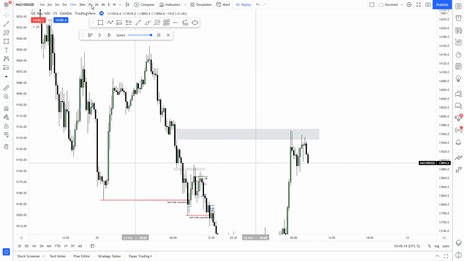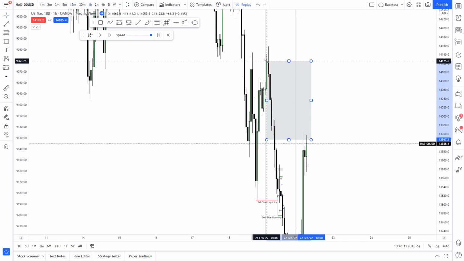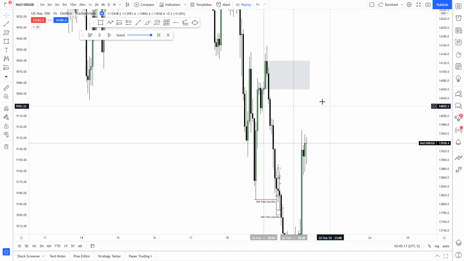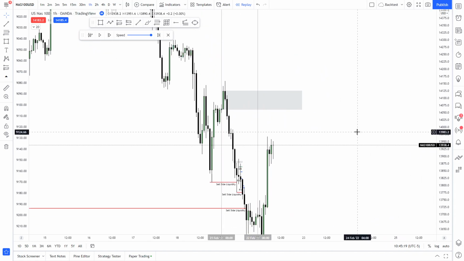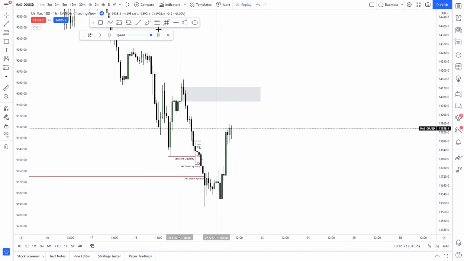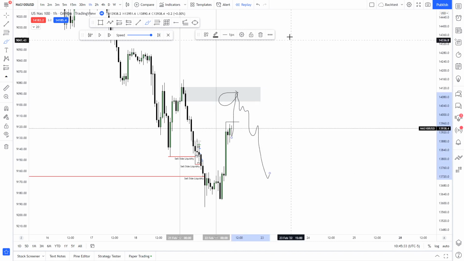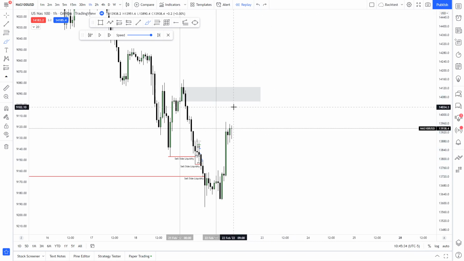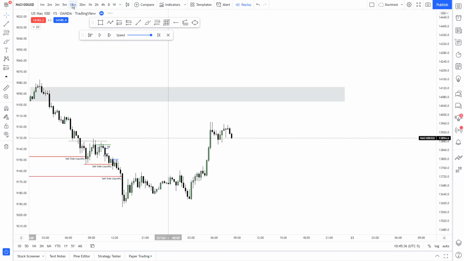I want to look for this 1 hour order block actually. So right here, I'm looking for price to come into this order block above here. This high, I want to see it get broken and for it to come here, and then we should start retracing down. So let's have a look and see what happened.